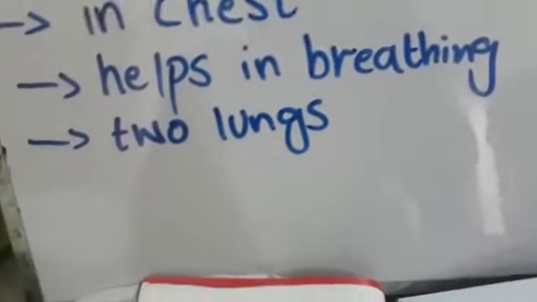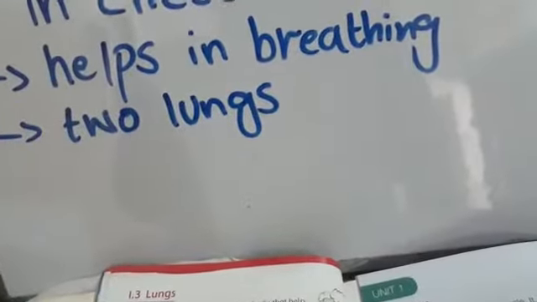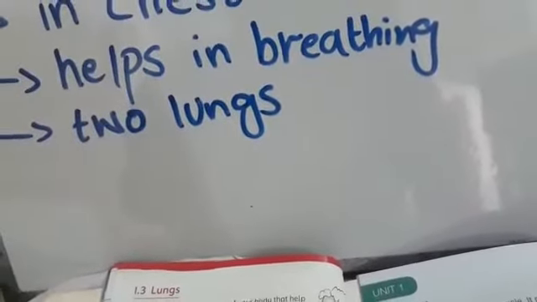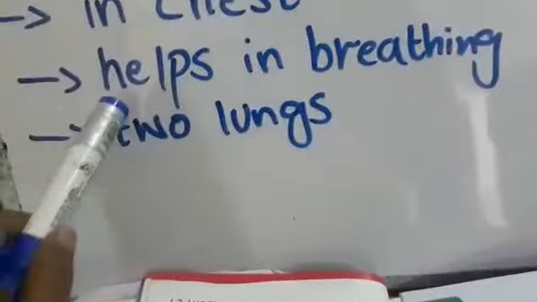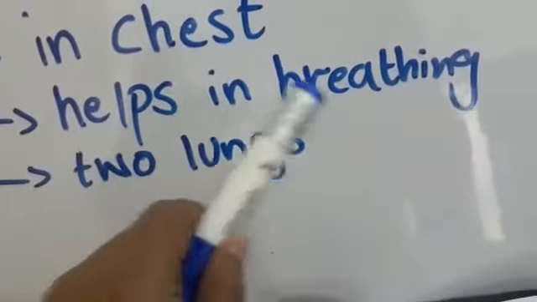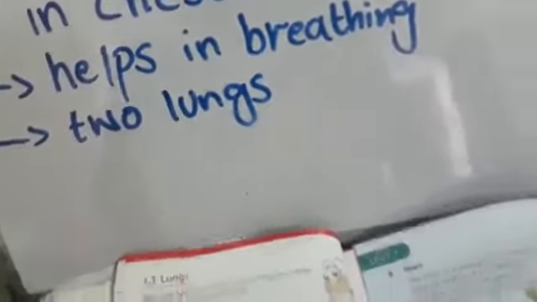Second, it helps in breathing. When we breathe, when we inhale air into our body, the lungs are very important. The second important thing about lungs is that they help in breathing. You can see in your book, the lungs are found in our chest and they help us in breathing.